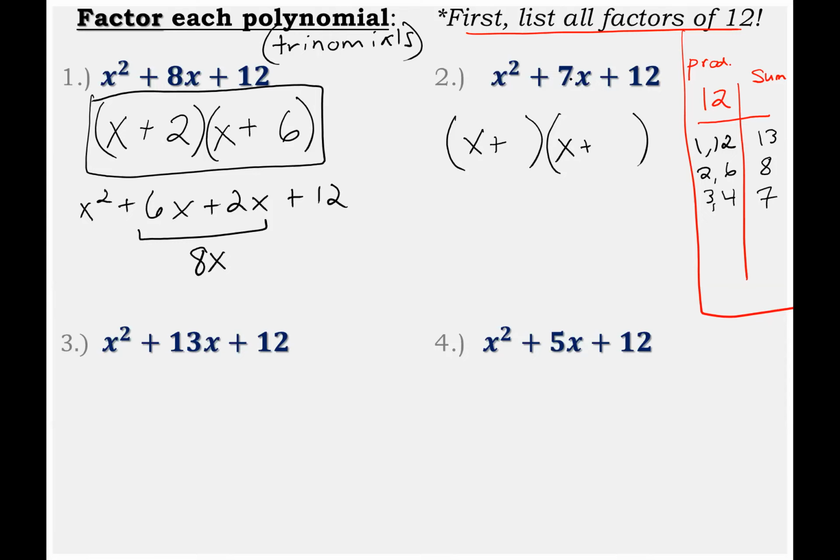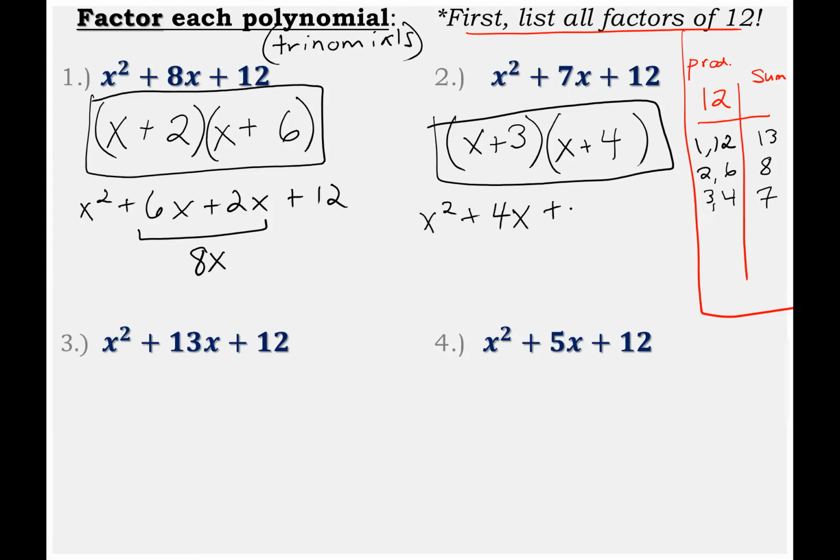So the numbers need to have a sum of 7. Here they are, 3 and 4 from my table. So I'll do x plus 3 and x plus 4. Once again, you can write the answer in the opposite order if you prefer. It does not matter. And once again, I'll check using FOIL: x squared plus 4x plus 3x plus 12. And there's my middle terms adding up to 7x. All right, good.